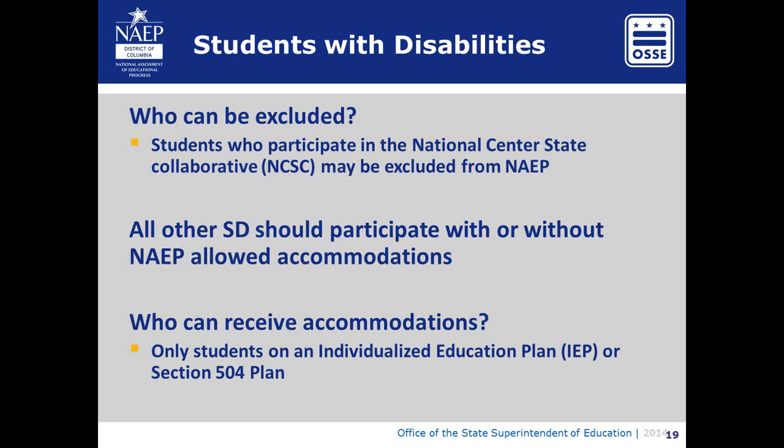In our case, it is the NCSC, the National Center State Collaborative. If a student is identified to take NCSC, then they would be excluded from NAEP. All other students with disabilities should participate with or without the NAEP allowed accommodations. Those students that can receive accommodations are students that have an IEP plan or a 504 plan.